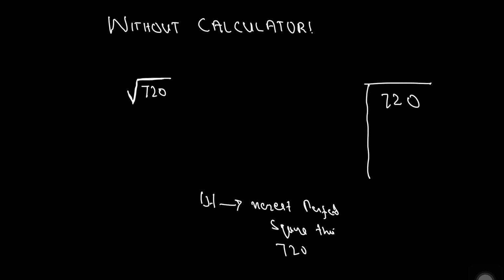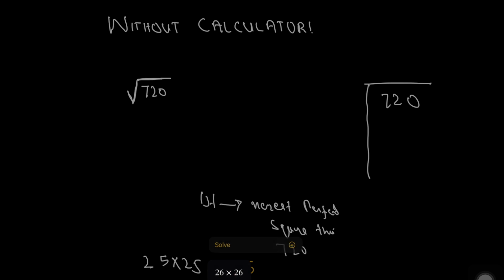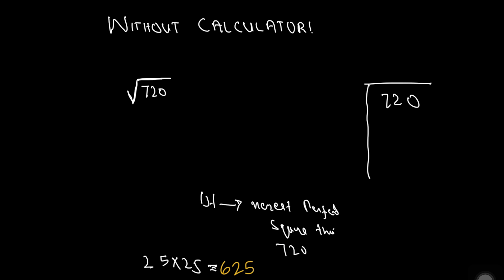If we multiply 25 by 25, this is the perfect square of 25. So 25 times 25 is equal to 625, and here is 720. Now we check another one nearest to 720. 26 times 26 is equal to 676, and here is 720.